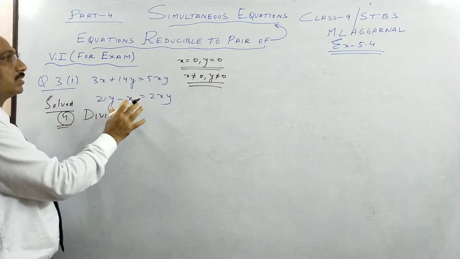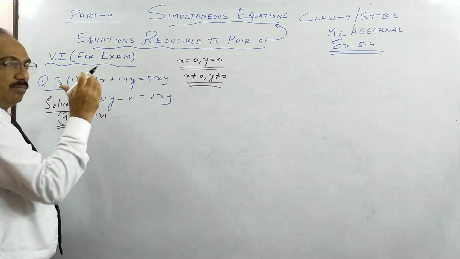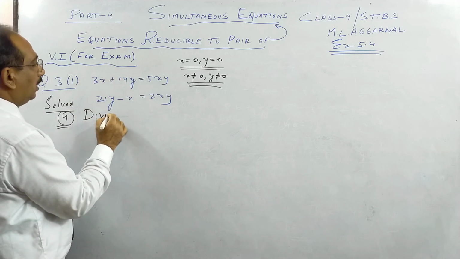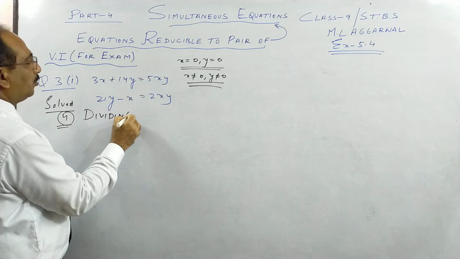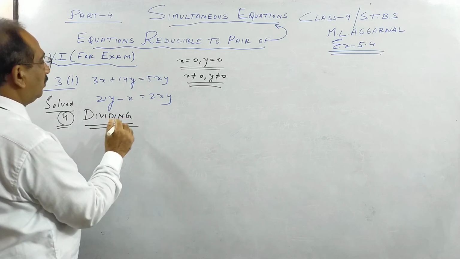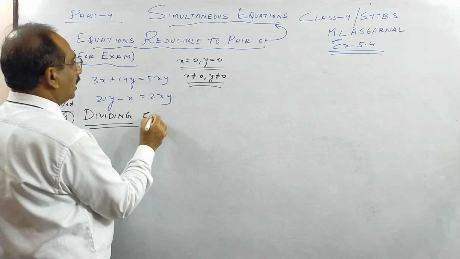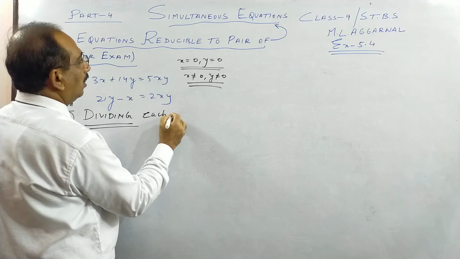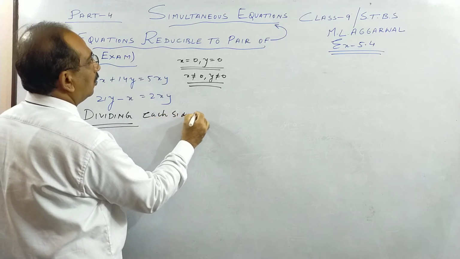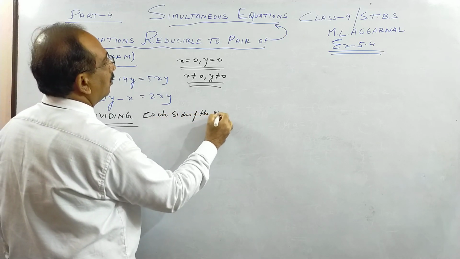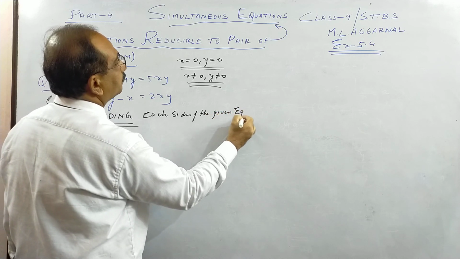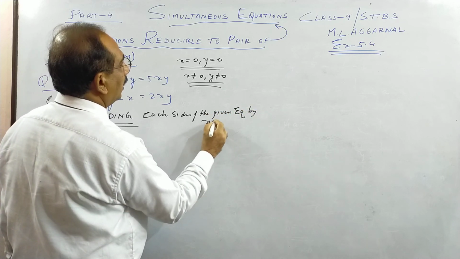Dividing, very important sum, as I told you for exam. Each sum what I am doing is very important for your school exam. Dividing each side of the given equations by xy.